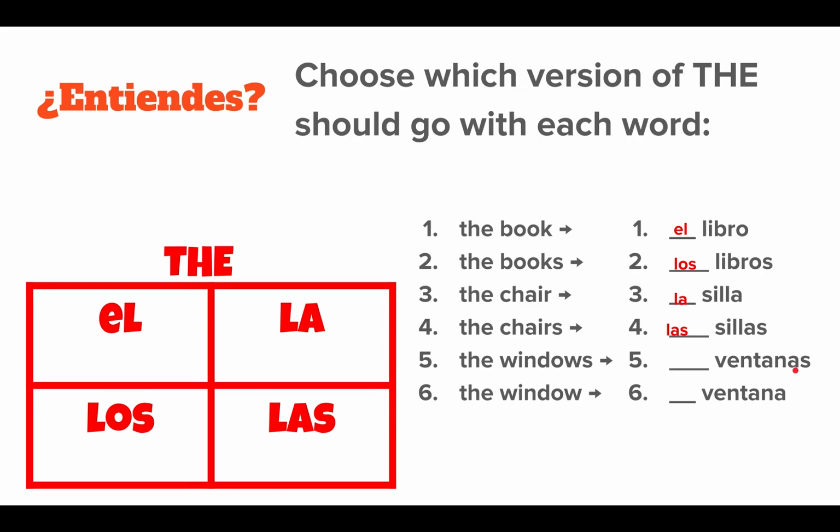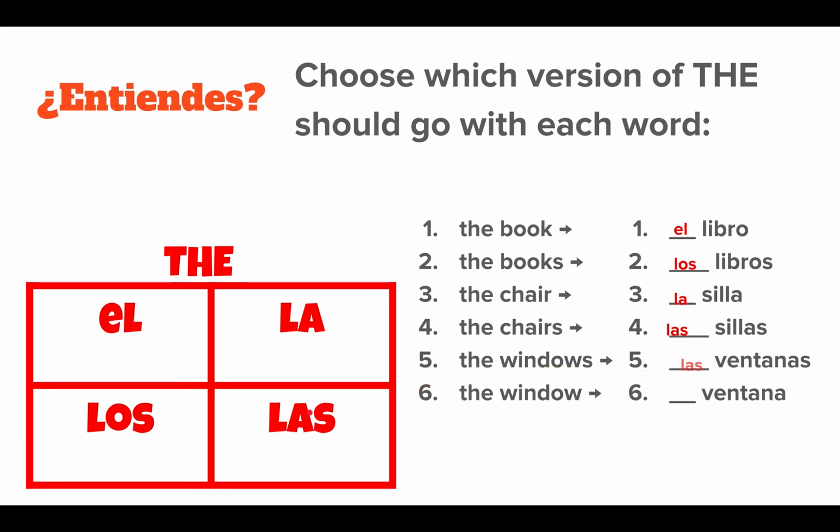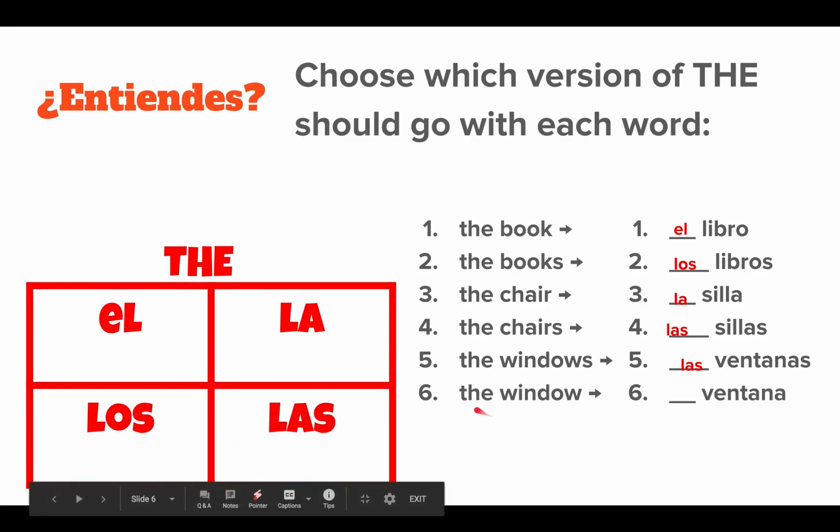There's no explanation why, it's just the way it's categorized. We want the plural feminine version of the. Las ventanas. And finally, the window. It's one window, but it's still feminine. We want the singular version. La ventana.